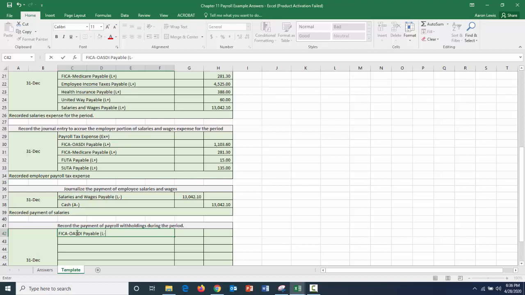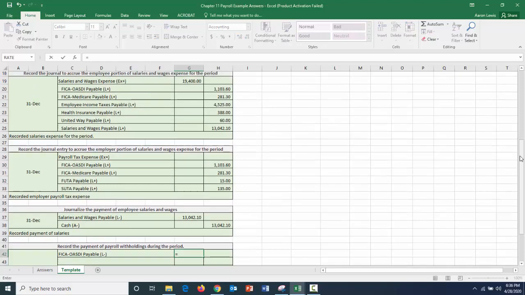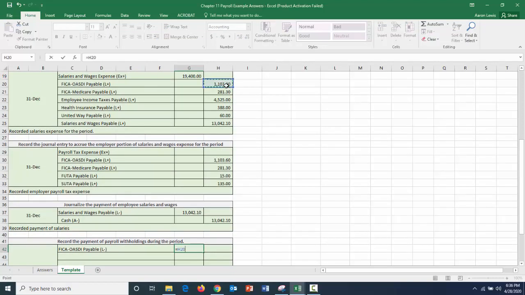Liability in this case going down. Well, how much did we have in that account? Well, we can see above that we had $1,103 withheld from employee paychecks, and we had, as the employer, to match that, which means we have $2,207.20 sitting in our FICA OASDI payable that we're going to have to hand over to the federal government.